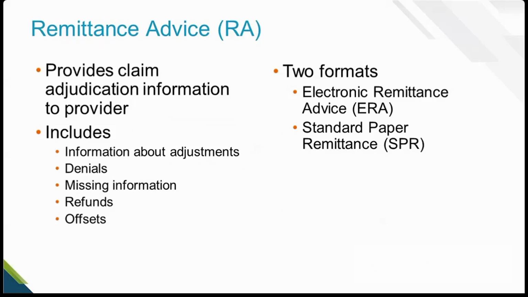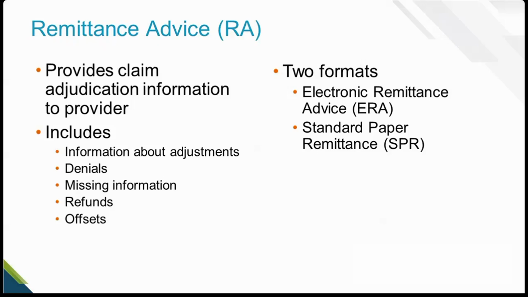Most providers will receive an electronic remittance advice. We call this an ERA, as opposed to a standard paper remittance or the SPR. Depending on how the claim was processed, it may include information about any adjustments made to the claim or denials. It could also include information about something that's missing.